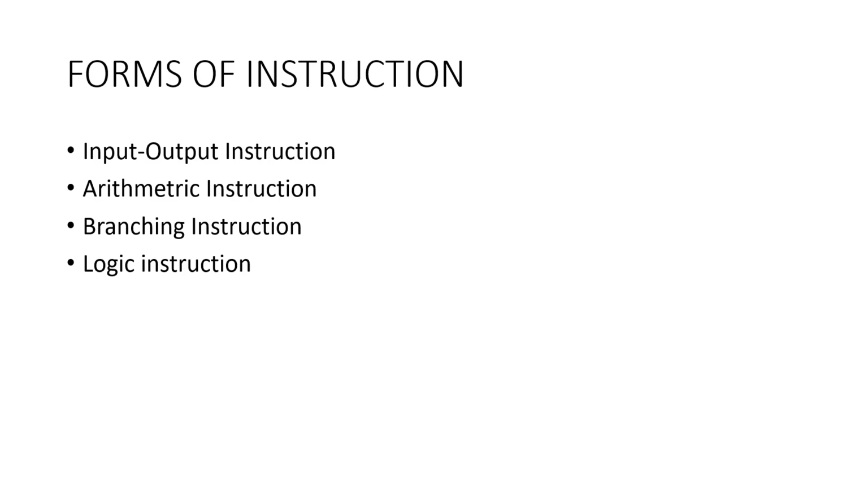Under the branching instruction, we can have the conditional branching instruction, and we can also have the unconditional branching instruction. Don't forget that the branching instruction will alter the execution of instruction within the program. Now let's take the different types one by one.